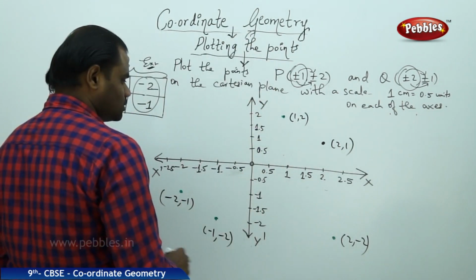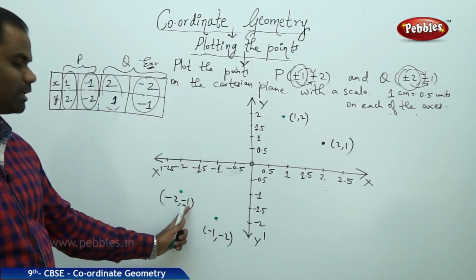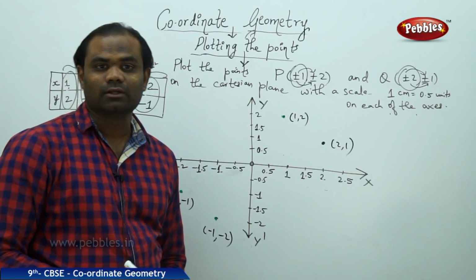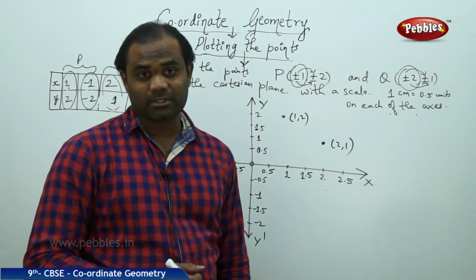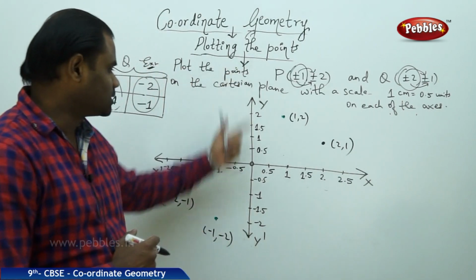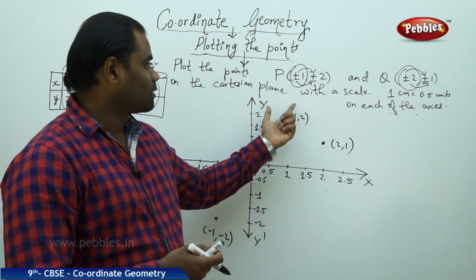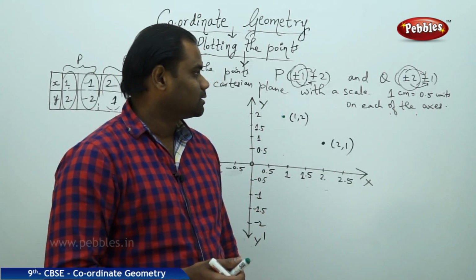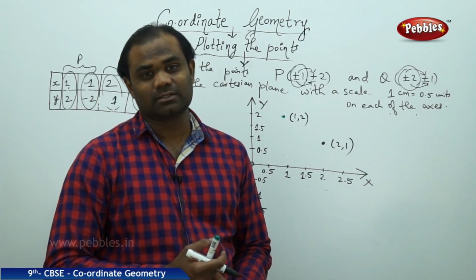So I have the coordinates minus 2, minus 1, minus 1, minus 2, 1, 2 and 2, 1. These are the four coordinates denoted by P and Q, plotted on this Cartesian plane using the scale 1 centimeter equals 0.5 units on both x and y axis.